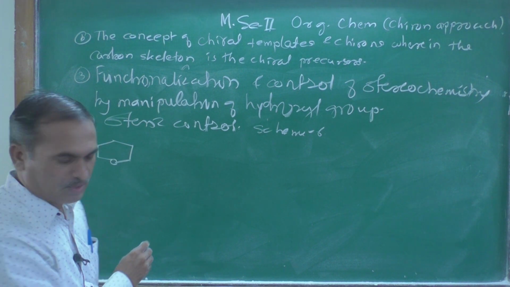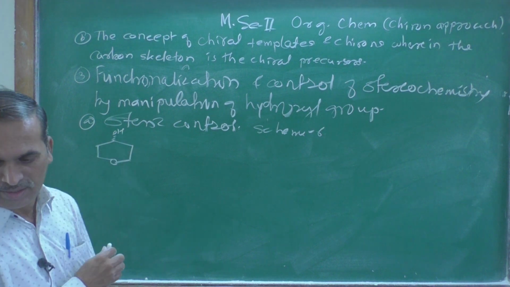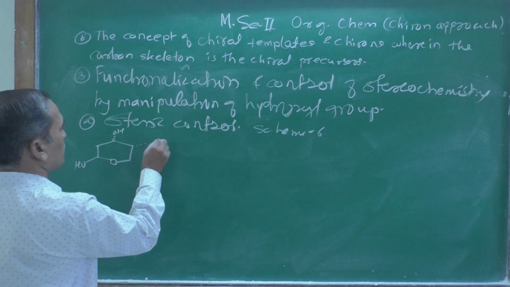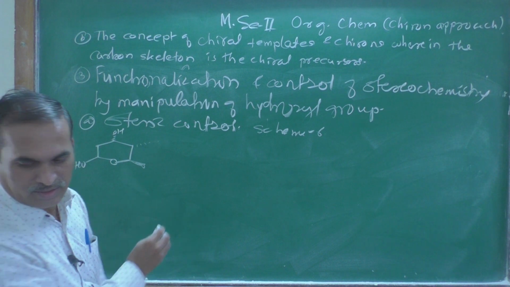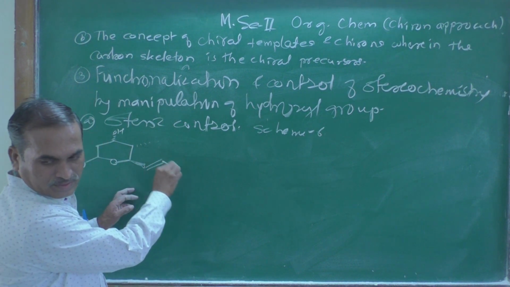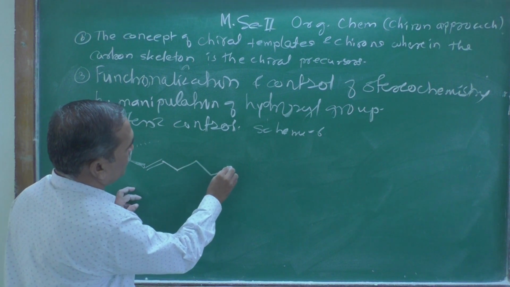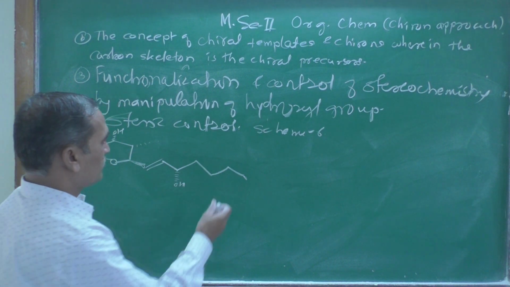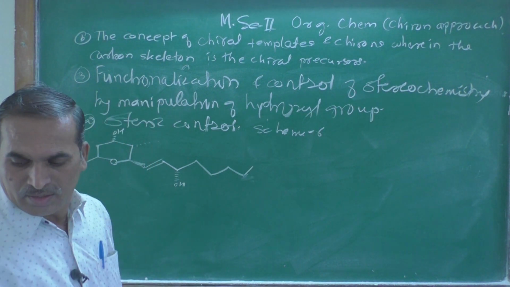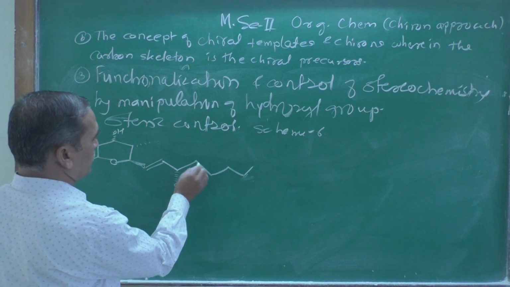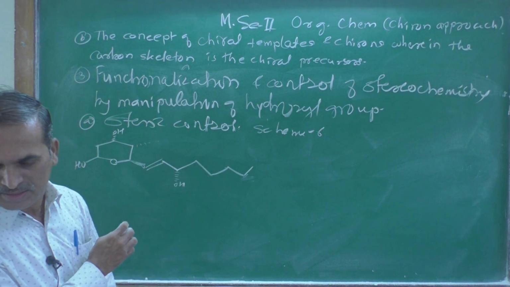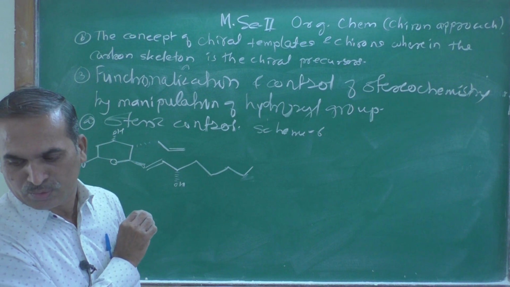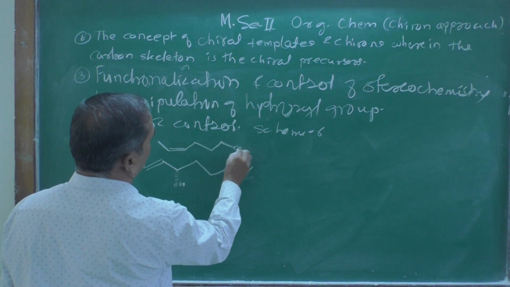This is a starting compound where OH, and then here is a hydroxy HO, then here is this one, then a double bond, then 1 2 3 4 5 like this, and here maybe a hydroxy group OH, this one, 1 2 3 4 is there, and then here similarly this one, and then a double bond again, 1 2 3, and CO2H.